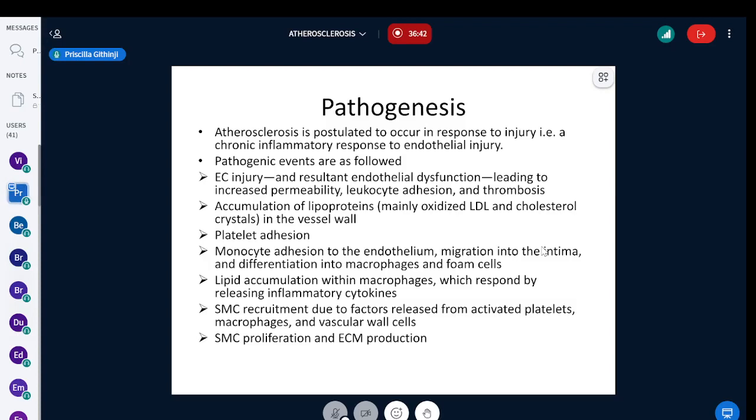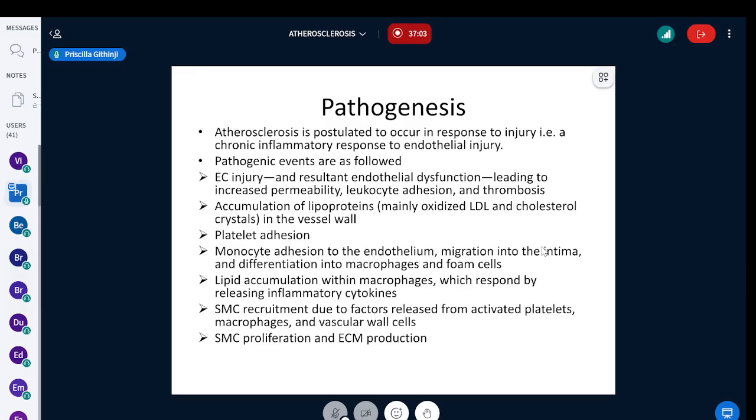Where you have endothelial cell activation, you'll also have platelet adhesion. One of the leukocytes that will adhere are your monocytes, and these will migrate into the intima and they will differentiate into macrophages and foam cells.